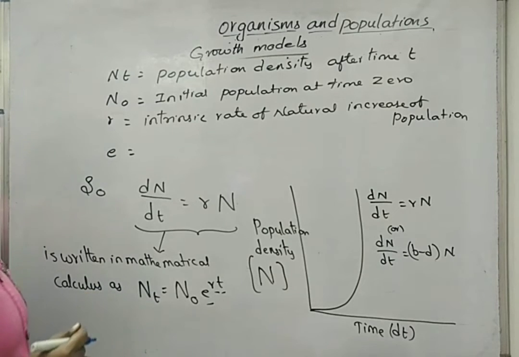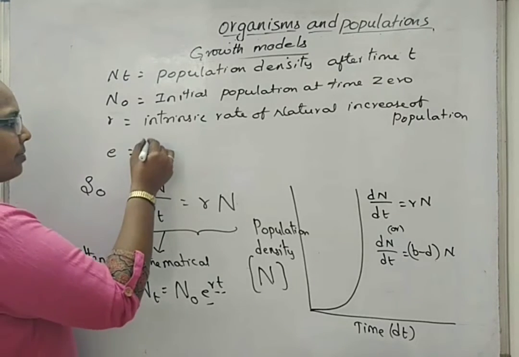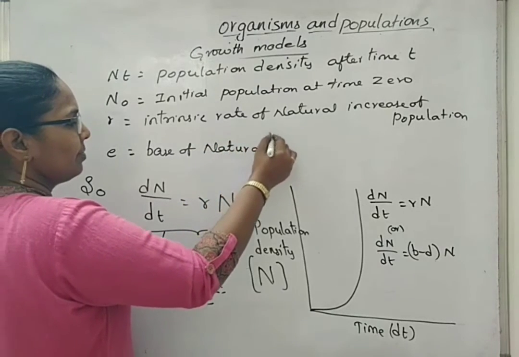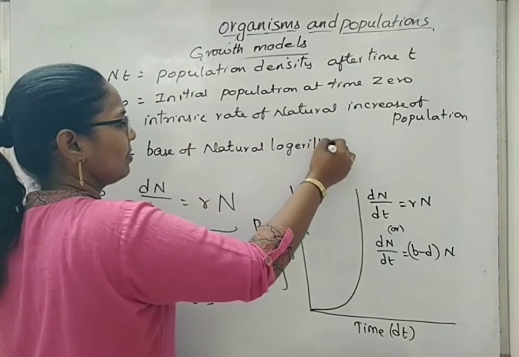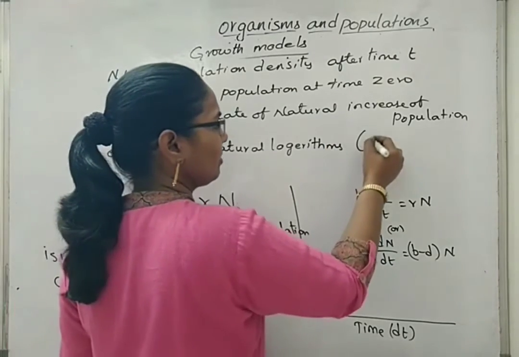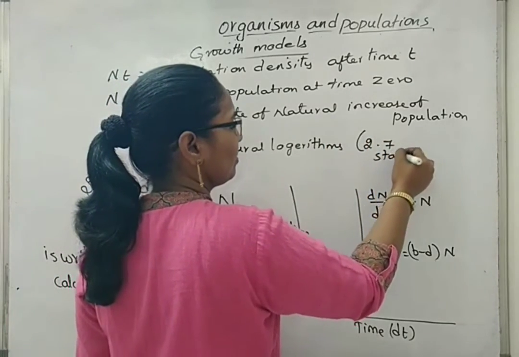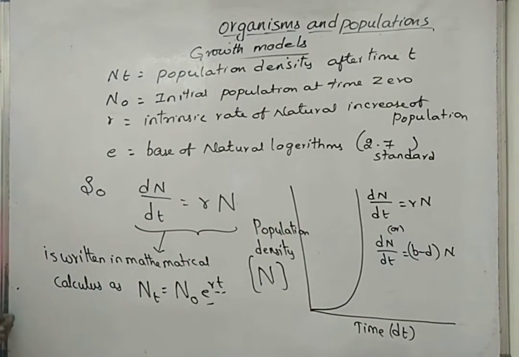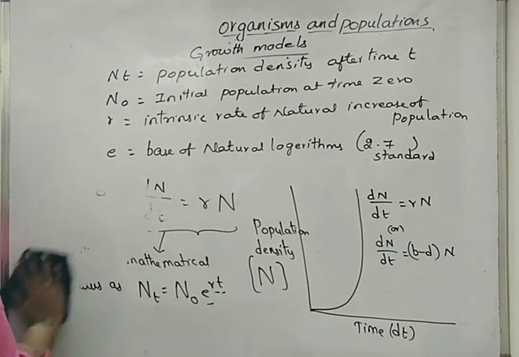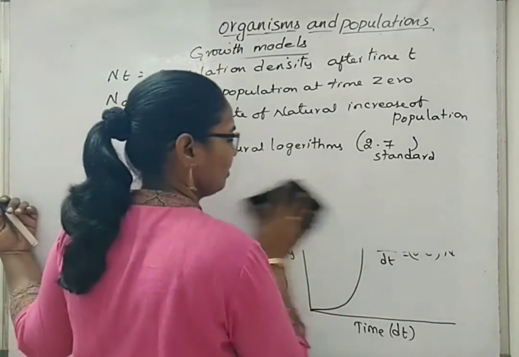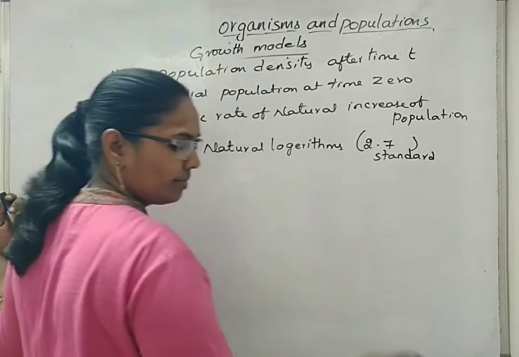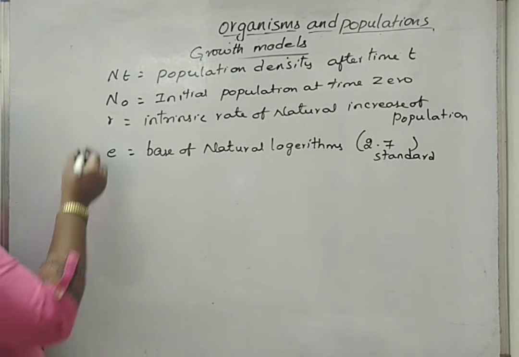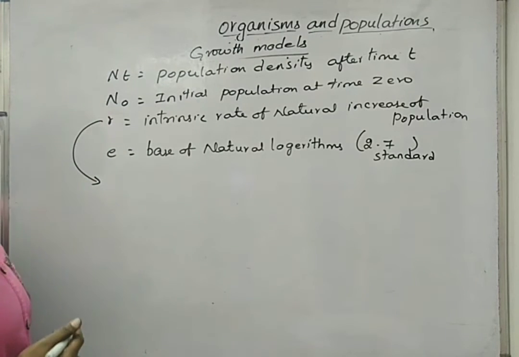e indicates the base of natural logarithms. There is a standard value, that is 2.7. The r value changes from population to population.